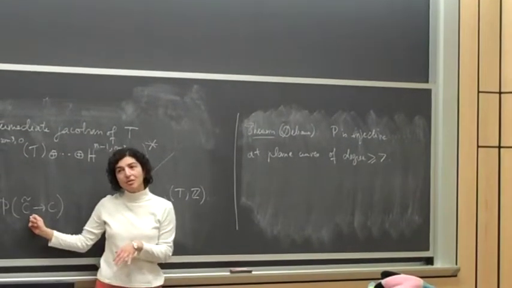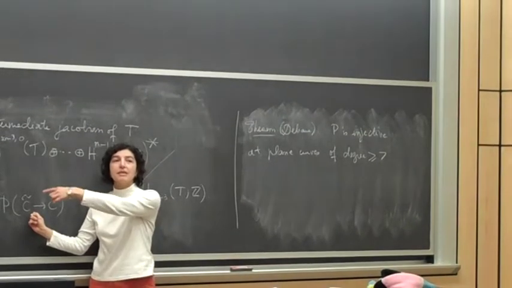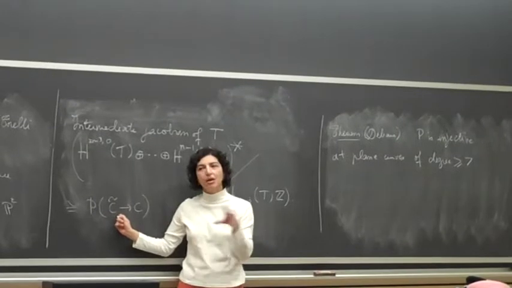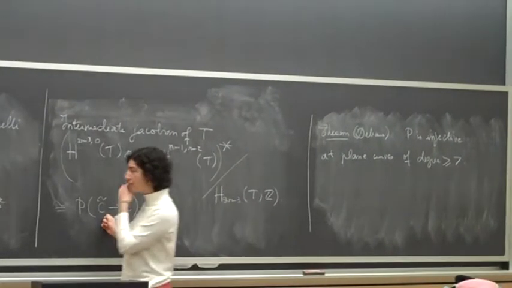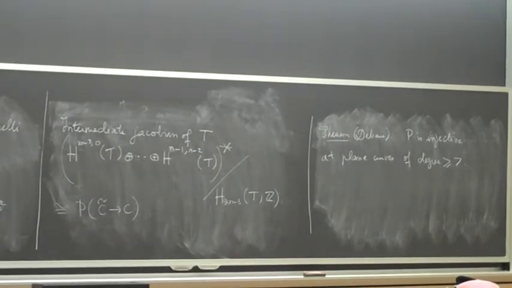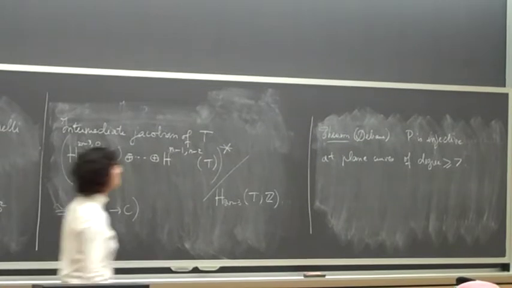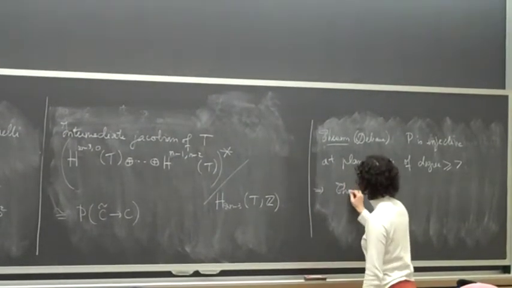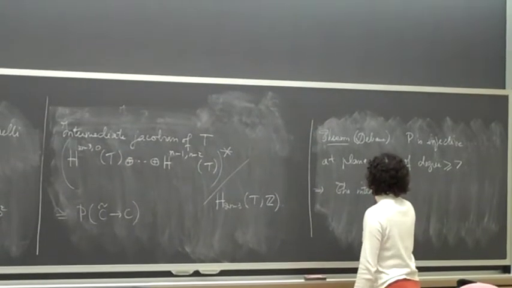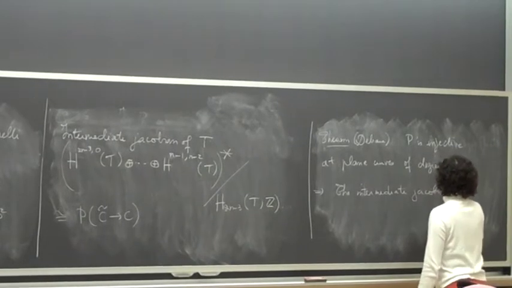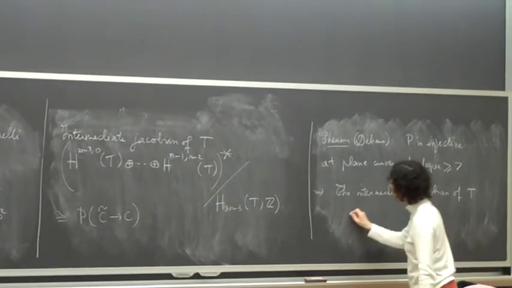And once he has the double cover, he can recover T, because the curve gives you the singular quadrics, and then from there you get three different quadrics that contain T, and then you recover your T from it. So this implies that the intermediate Jacobian of T determines T.